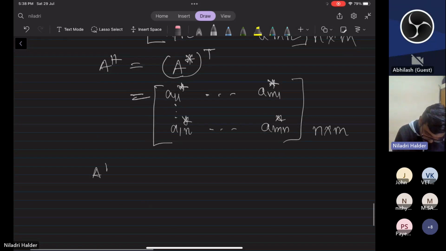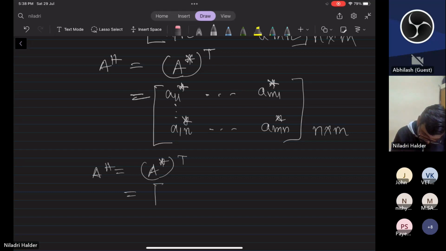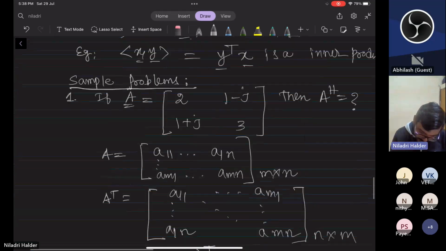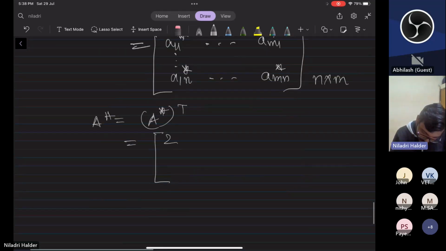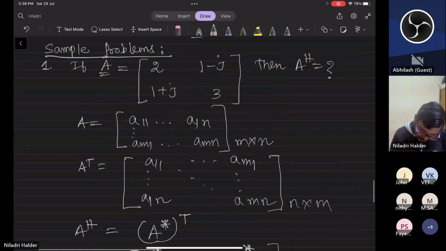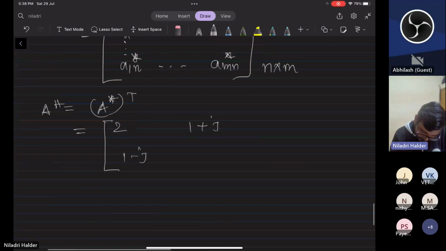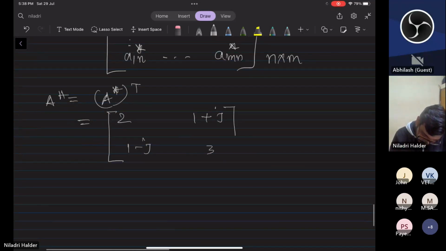A Hermitian will be the conjugate transpose. Conjugate means 2, 1, plus j, 1 minus j, 3. Transpose of this.